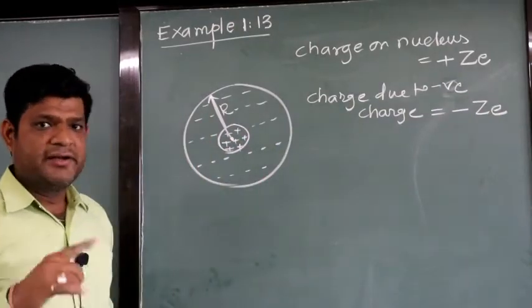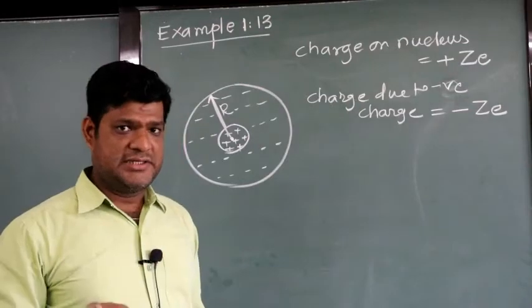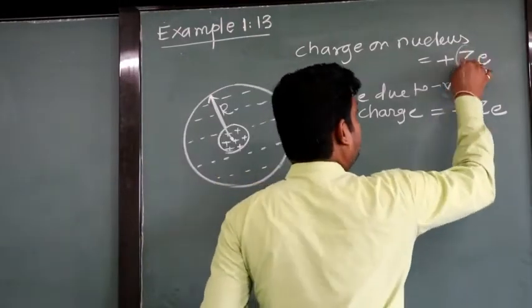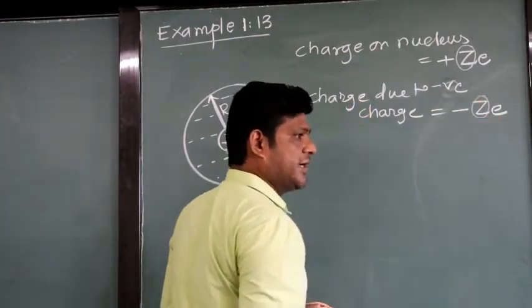The atom is electrically neutral, meaning the number of positive charges and the number of negative charges are the same. Here Z indicates the number of positive charges, and this Z indicates the number of negative charges.